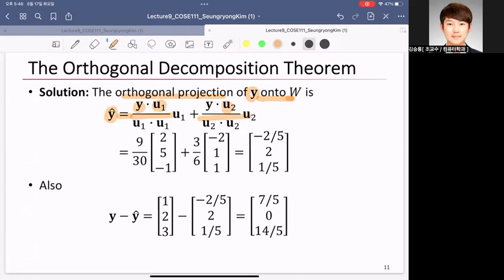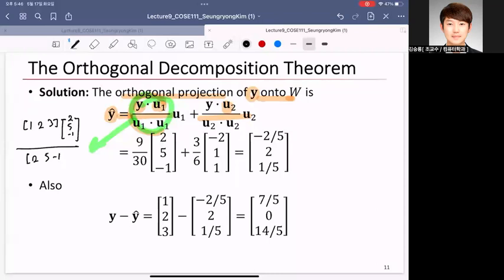The inner product of y and u1 is (1, 2, 3) times (2, 5, negative 1), over (2, 5, negative 1) times (2, 5, negative 1).